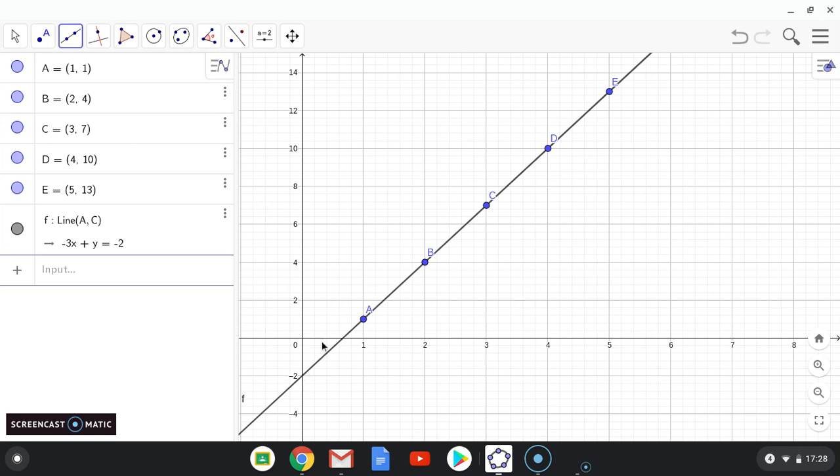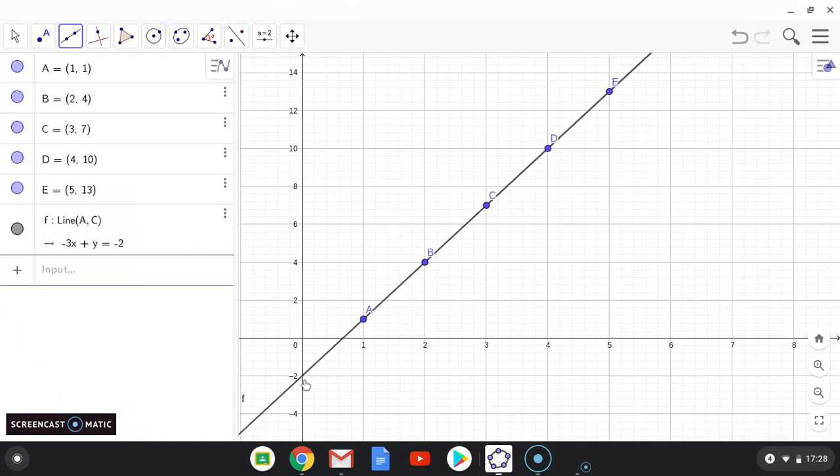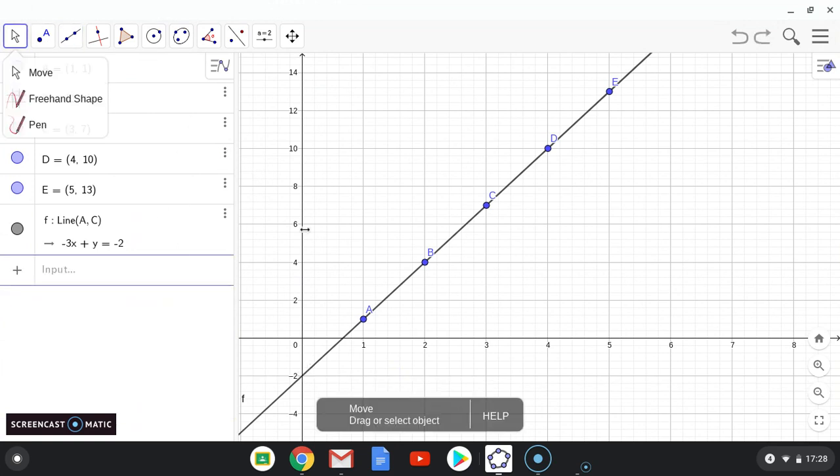And you'll note, look what's going on here, folks. The line cuts through the point -2. In my general equation, 3S minus 2, well look, the -2 here refers to this -2 right here, okay? And let's look at this equation here.